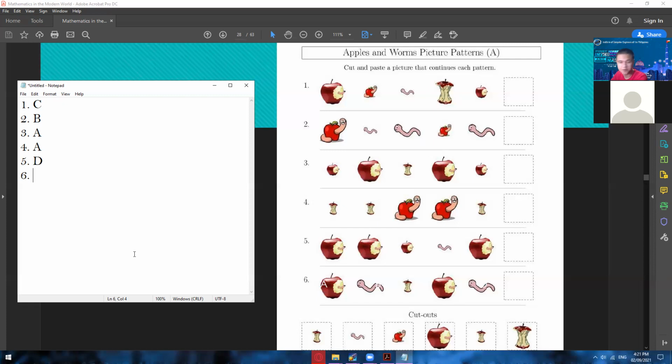Okay, so A or E. Anyway, so let's just put here A or E. So there is only one out of A, B, C, D. They are just the same. Okay, so A or E is the same.